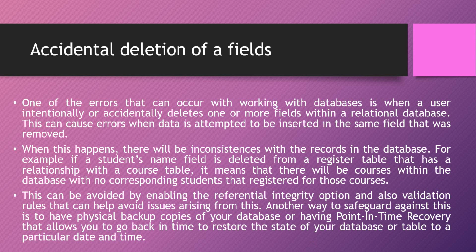So that's just a brief explanation, and these are ways to avoid the errors: having physical backups of your database, and having point in time recovery that allows you to go back in time to restore the state of your database, just like system restore. You can have those options in databases, especially MySQL.